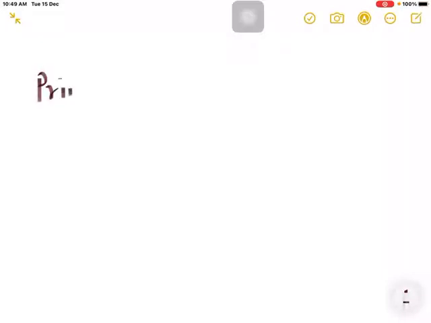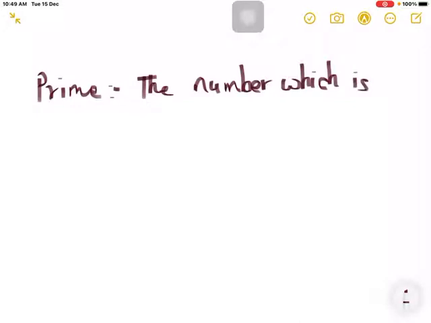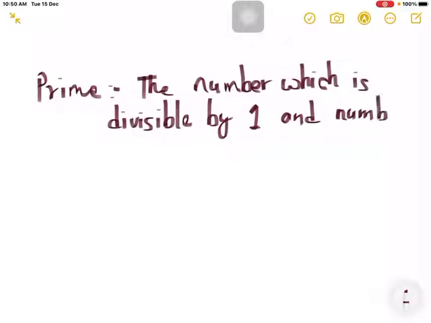Prime number, you can say the number which is divisible by 1 and the number itself is a prime number.